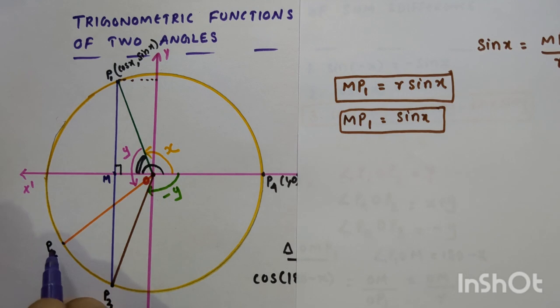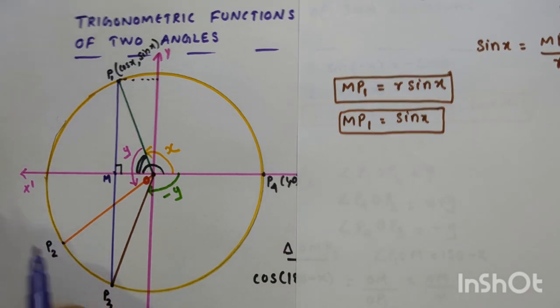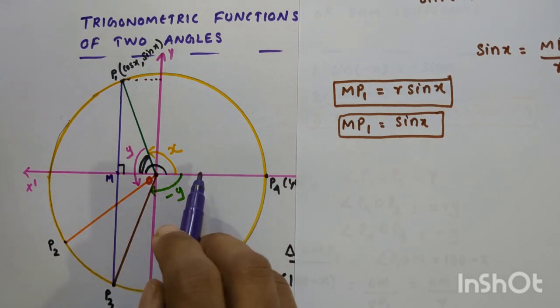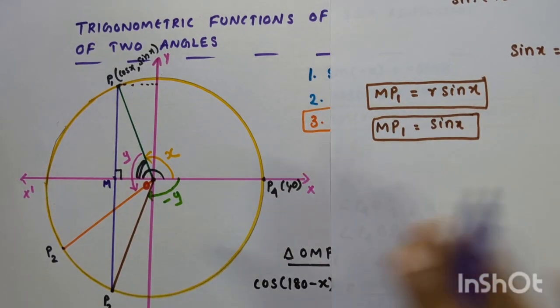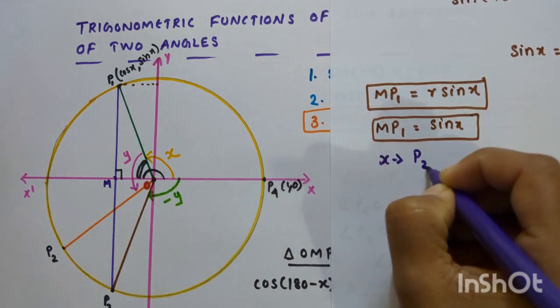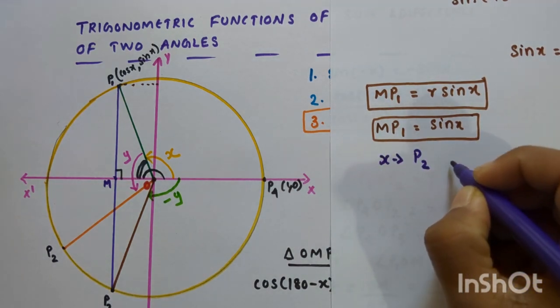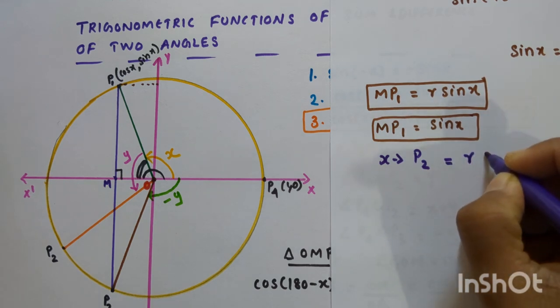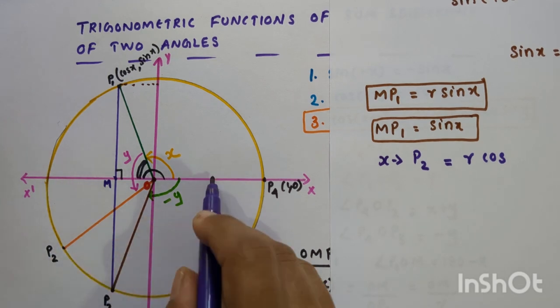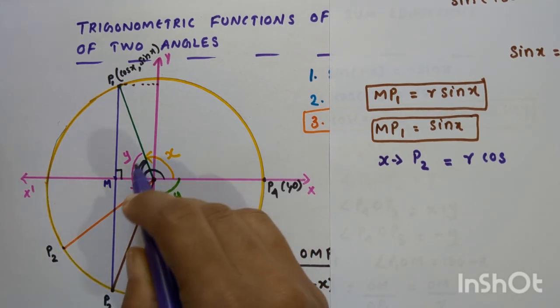Similarly, when you consider this point P2, it also has one x coordinate as well as one y coordinate. The x coordinate of P2 will be the radius times the cos of the angle made by P2 with the positive direction of the x-axis.